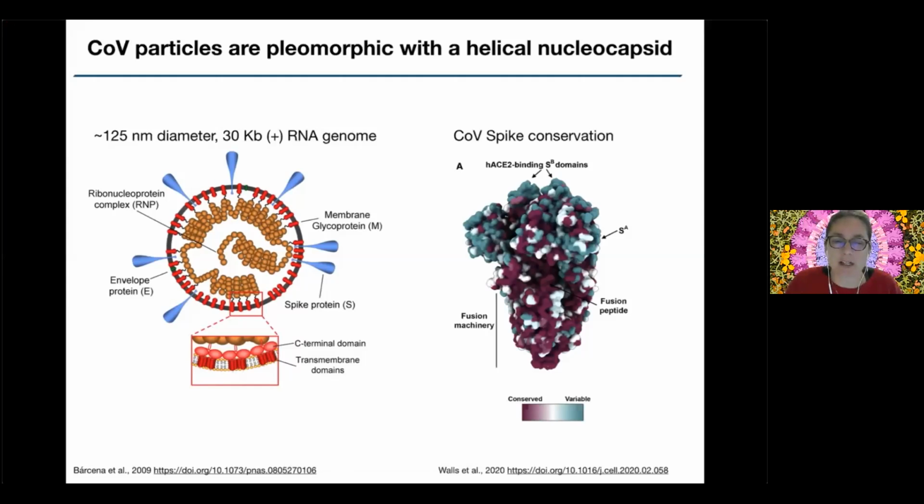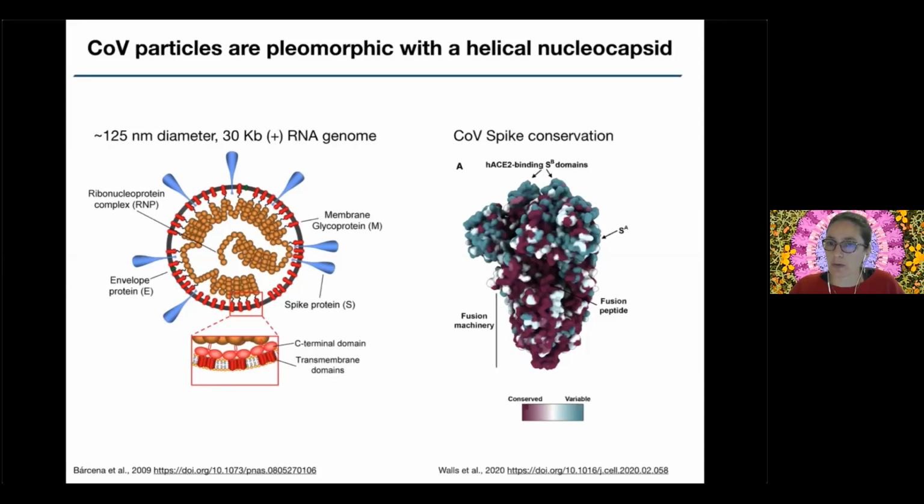Now, again, I want to make the point that much of what we know about CoV-2 is based on the study of other coronaviruses. So, for instance, the spike proteins are widespread and they're highly conserved. And you can see on the right, this is a structure of a spike protein, and it's been color-coded in terms of how well conserved different residues are.